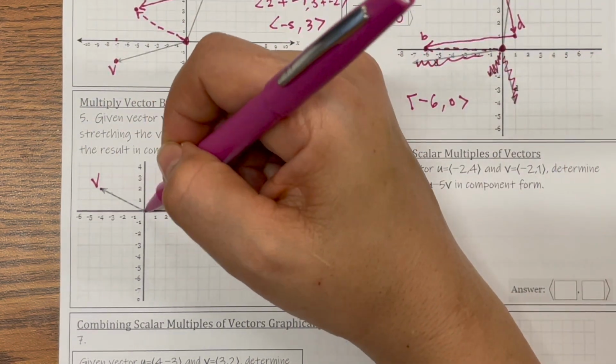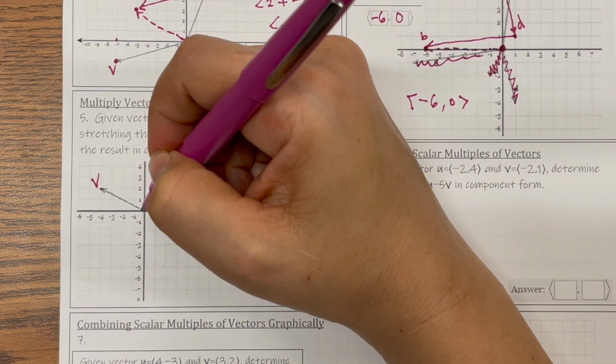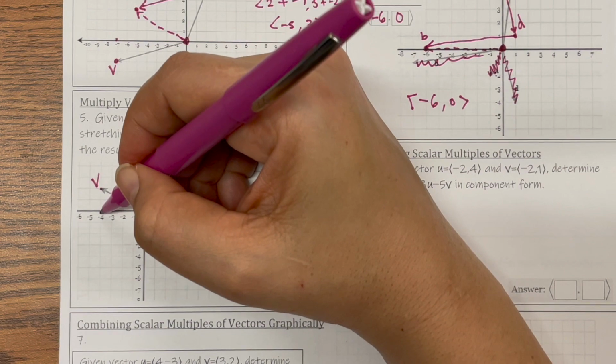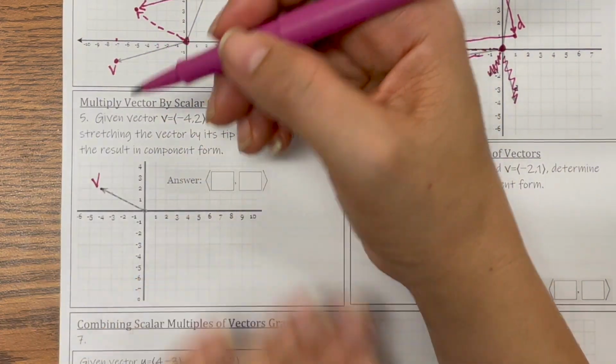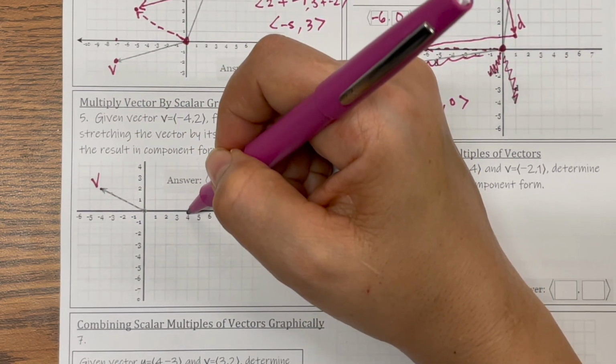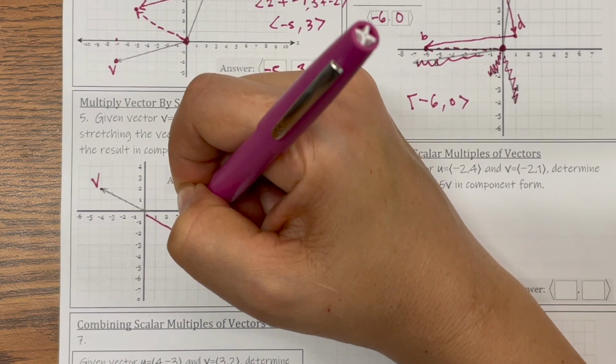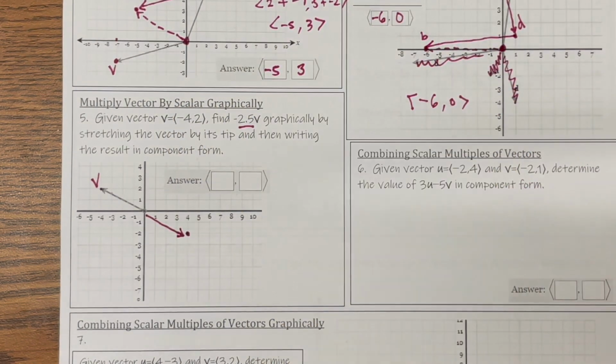So let me first negate it, bring it to this side. Several ways I can do this. Think of it as reflecting over this way, right? So this is going to be -4, 2, so it's going to be +4, -2. I'm multiplying by -1, so to speak. So this is my new V, okay, by negative.